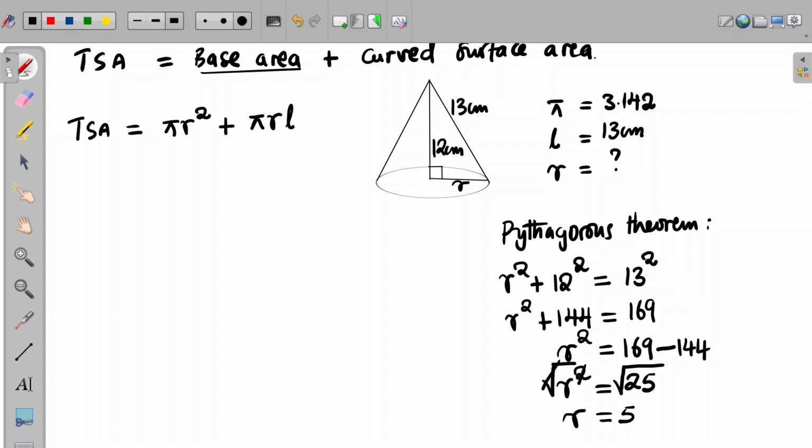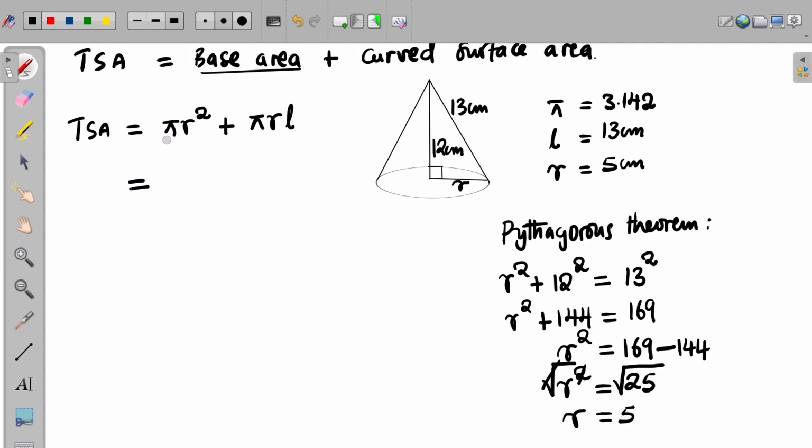Now that we have found r, r has become 5, so we have everything, 5 centimeters. We have everything now to find the answer. Total surface area is going to be equal to, we can in fact factor out what is common.